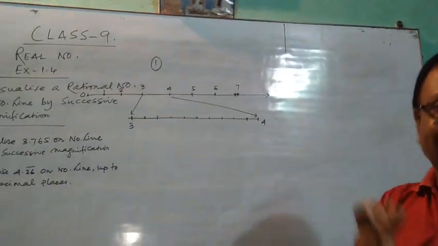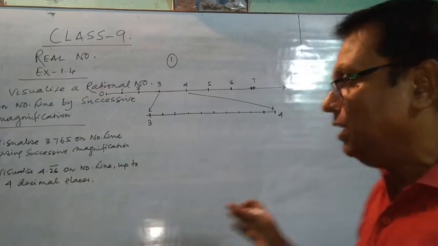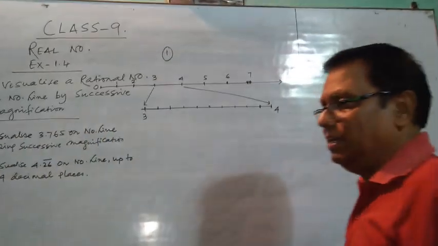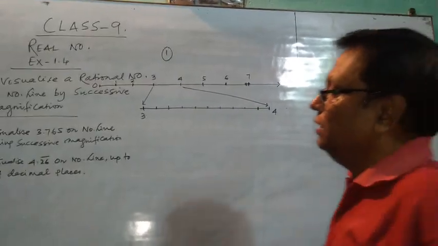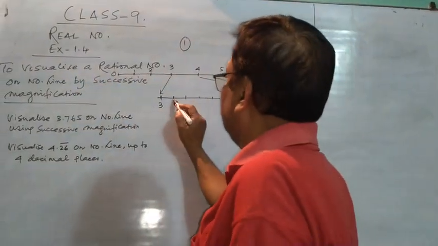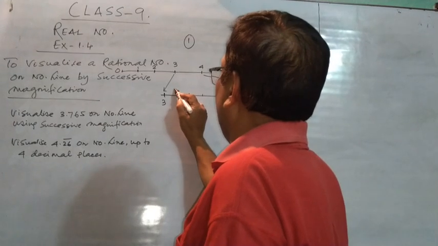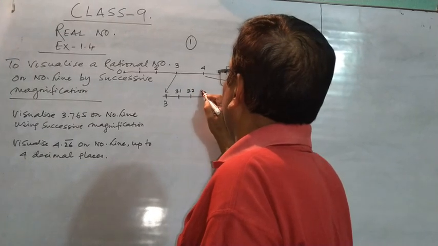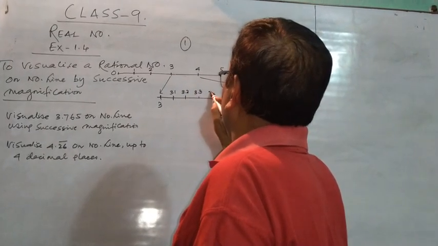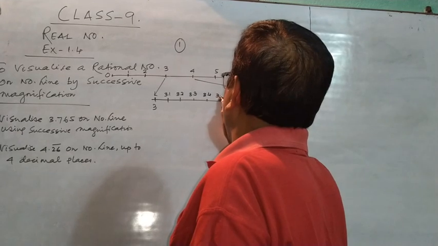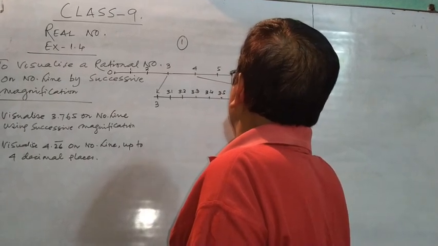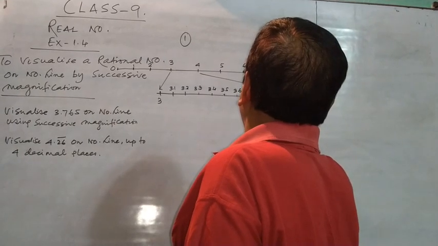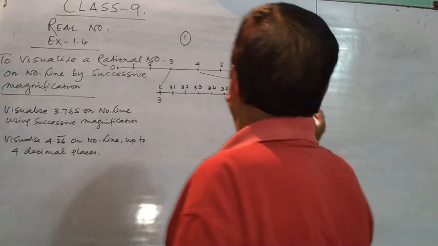If we make 9 equal cuts, automatically the gap between 3 and 4 will be divided into 10 equal parts. First digit we will see. Now this first one is known as 3.1, then 3.2, 3.3, 3.4, 3.5, 3.6, 3.7, 3.8, 3.9 and this one is 4.